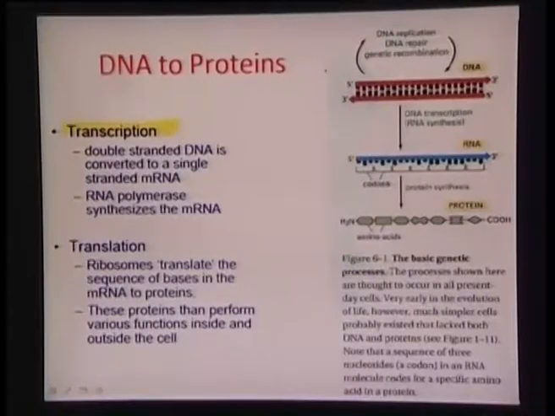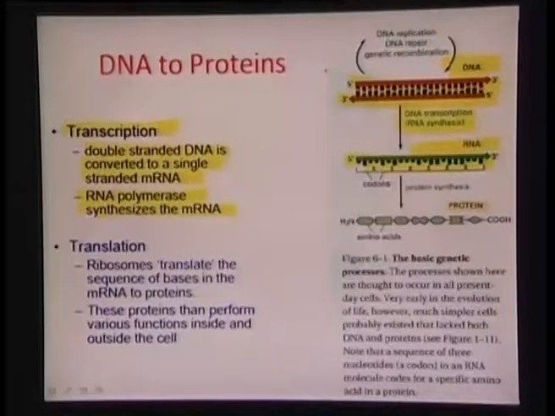transcription is where double stranded DNA, you can see this DNA here, gets converted into a single stranded molecule, and the enzyme you use for this conversion is known as RNA polymerase. So it synthesizes the messenger RNA, as shown here.